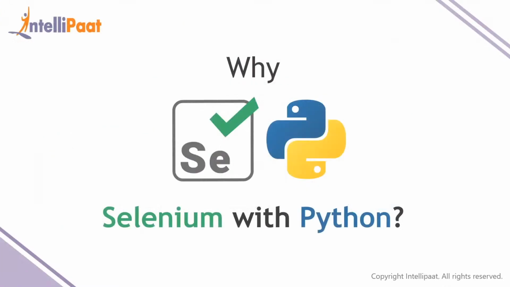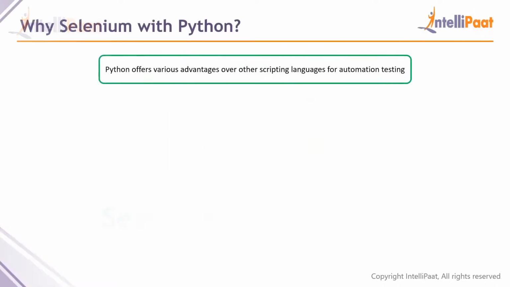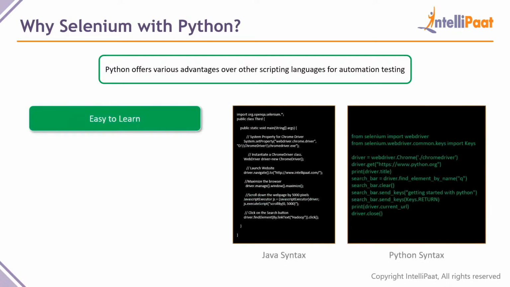Why Selenium with Python? So among the many languages that we just discussed like Java, Ruby, Perl, PHP, why should you choose Python? The answer for that is quite simple. It offers a lot of advantages over traditional coding languages. For instance, Python is easy to learn. So that means that, as you can see on the right hand side, the difference between Java syntax and Python syntax.